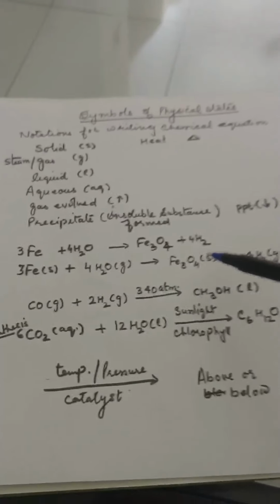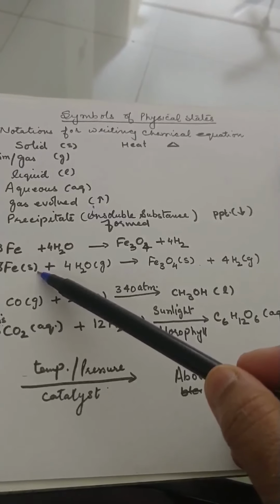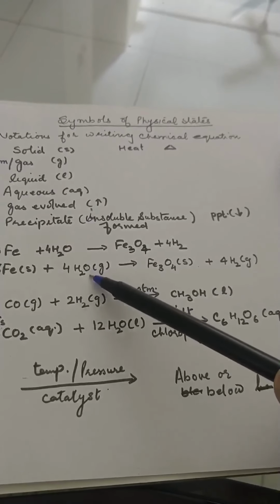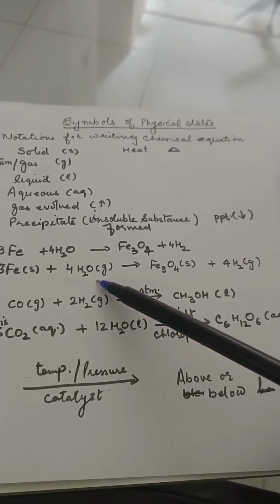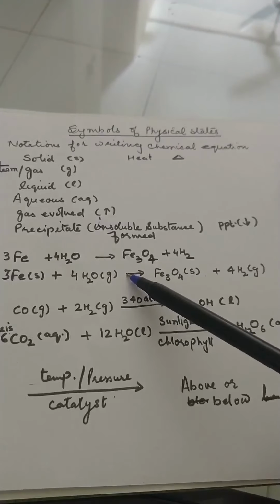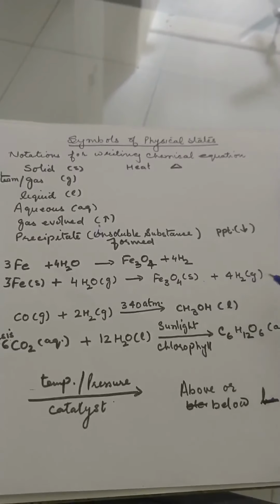Now if you observe this chemical reaction, you see all the physical states are mentioned. For example, iron in solid state. Iron reacts with water, but with steam, so this is written as gas. This is iron oxide, solid state.